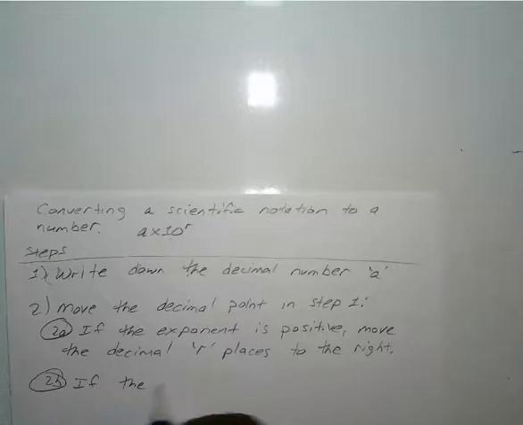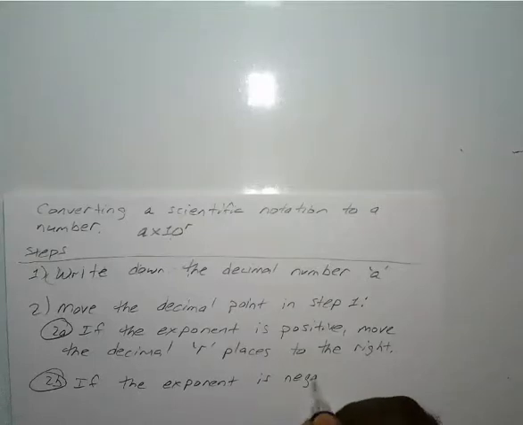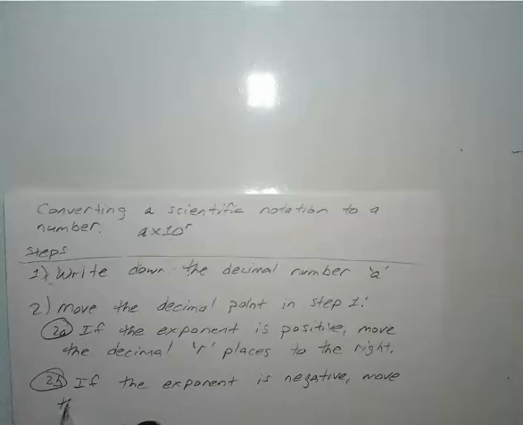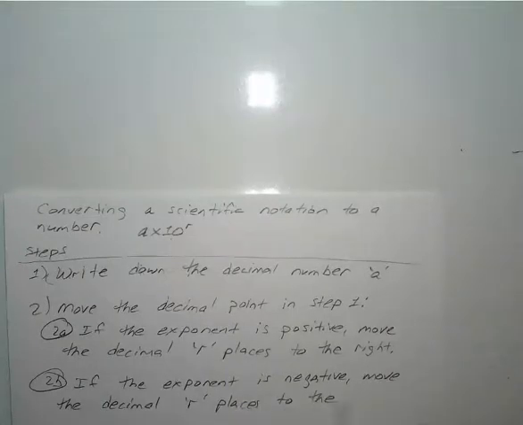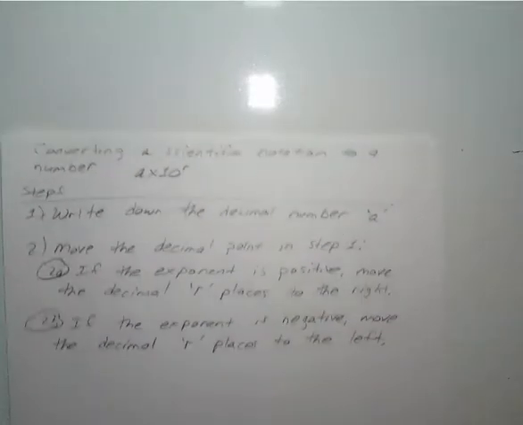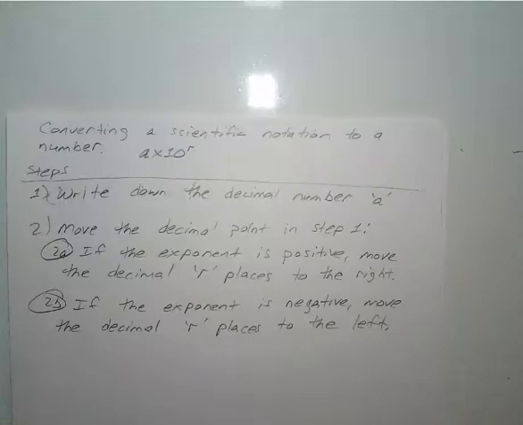If the exponent is negative, move the decimal R places to the left. Okay, so that would give you your scientific notation written as a regular ordinary number.